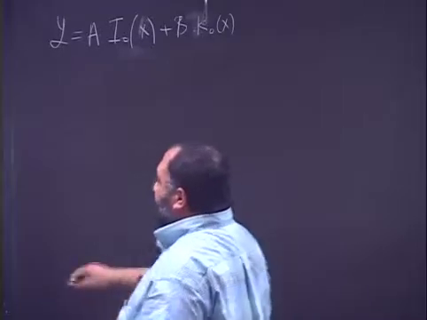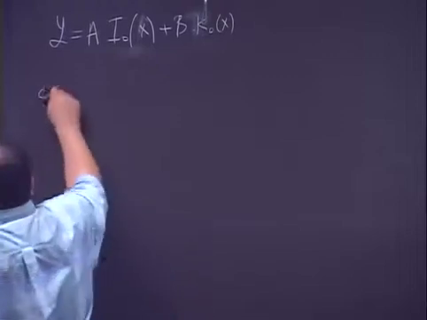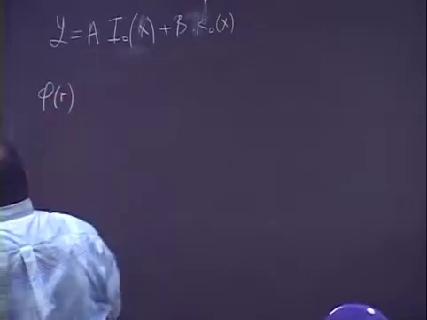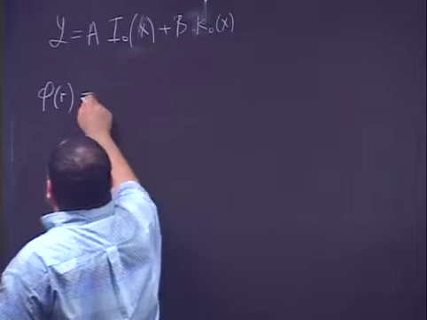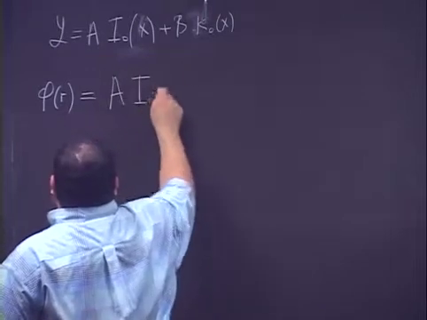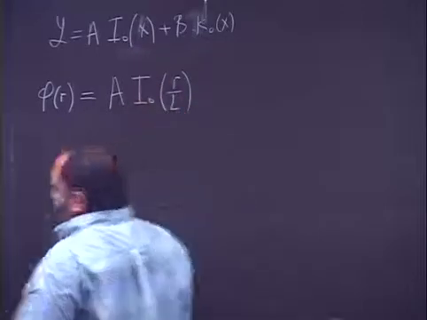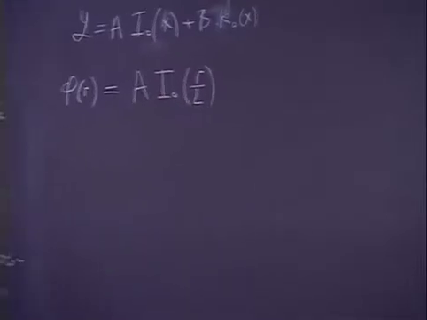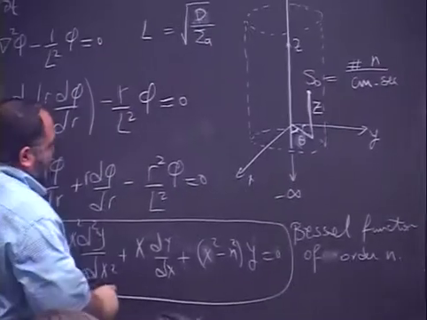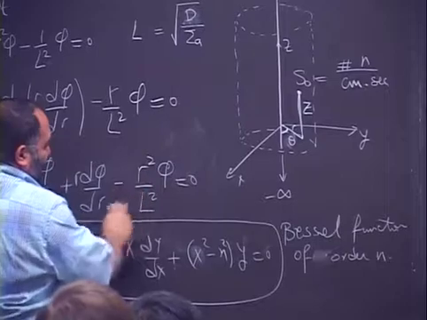So if you try to solve this one, now the solution will be phi of r, because you are solving in the r direction, equal to some constant a multiplied by I naught of r over L, because the x here is not x, it's r squared over L squared.